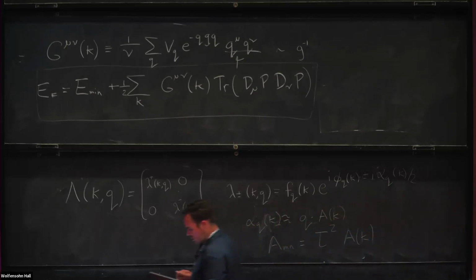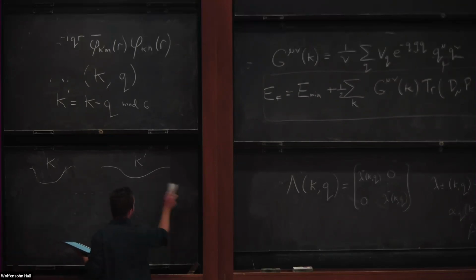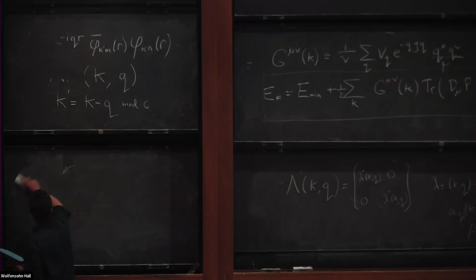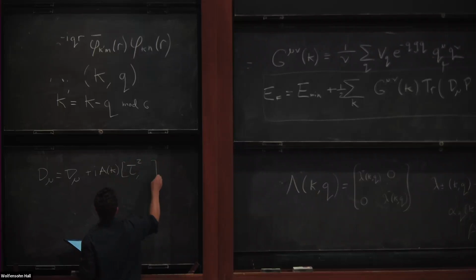Okay, so the takeaway then is that we can immediately write down the form of the elastic energy, where our covariant derivative D_mu is partial_mu plus the Berry connection.